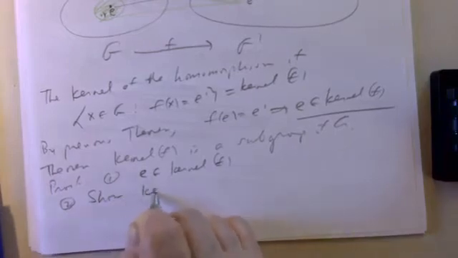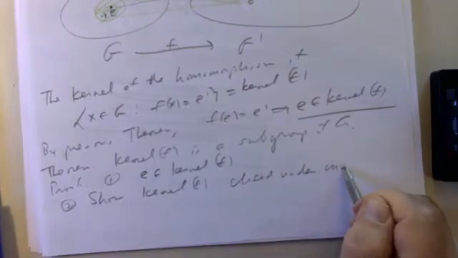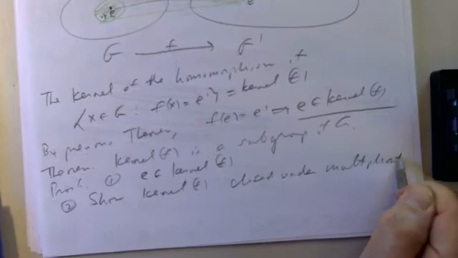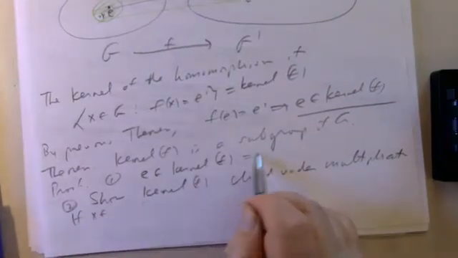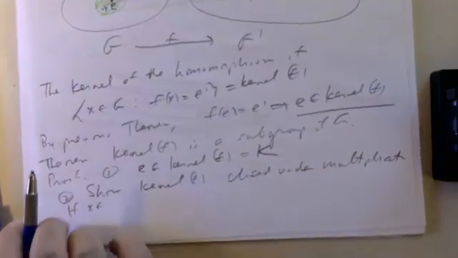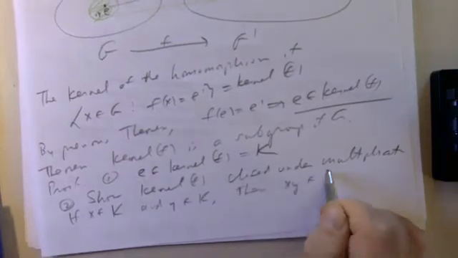We have to show that this is closed under multiplication. That means if x is in the kernel, let me call the kernel K so I don't have to keep writing a lot, if x is in K and y is in K, then x times y is in K. This is what I have to show.